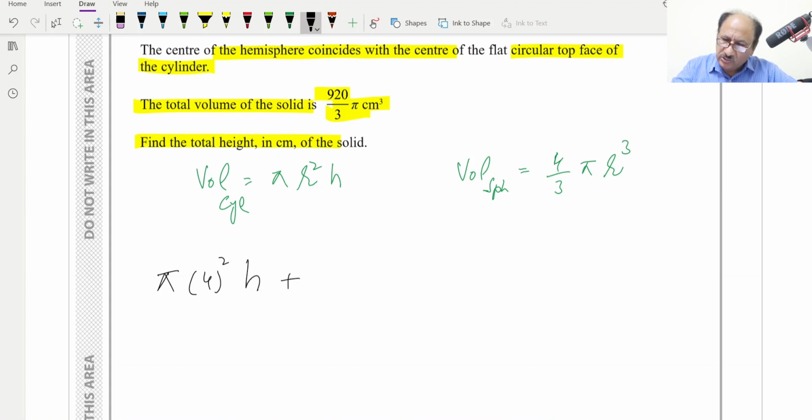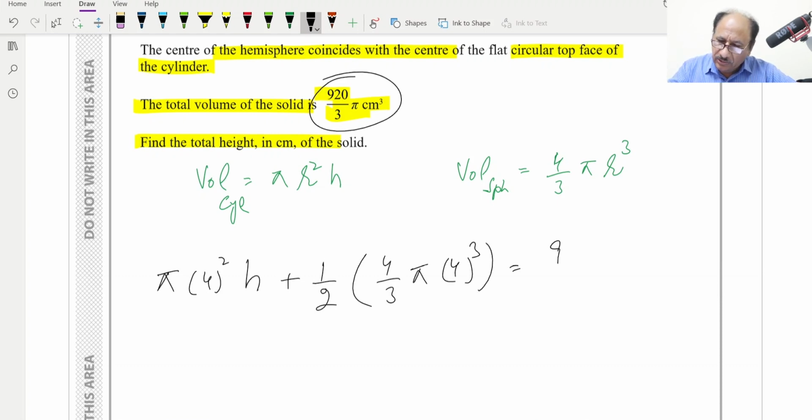and plus this volume, which is half of the sphere, and the sphere volume is 4 by 3 pi r cubed, so 4 cubed. And this is given equal to 920 over 3 into pi. Now we can do cancellations.